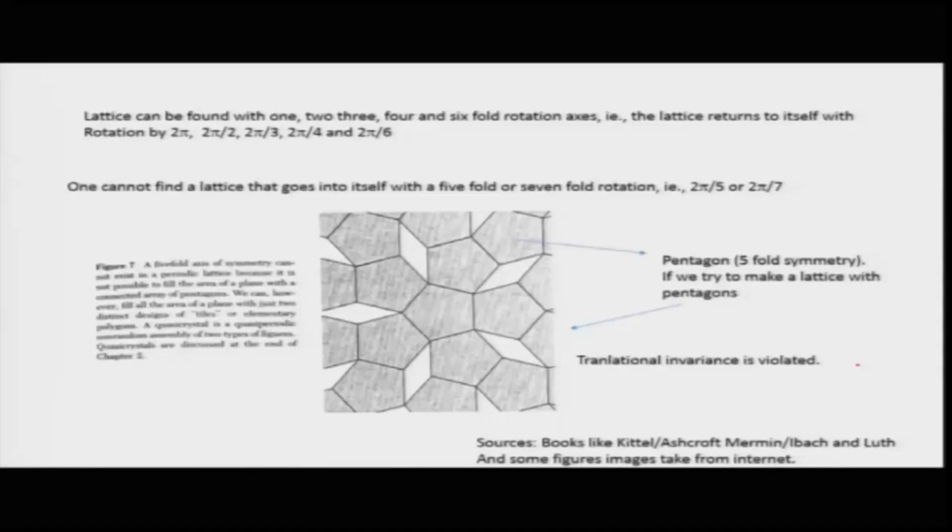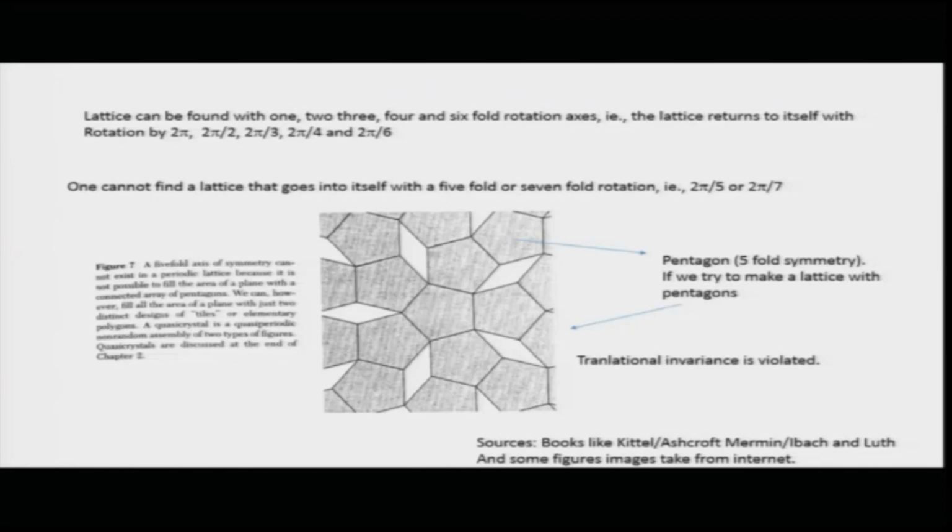So, you can find lattices which can be classified as remaining invariant under 1, 2, 3, 4 or 6 fold rotations, namely they are invariant under 2 pi, 2 pi by 2, 2 pi by 3, 2 pi by 4 and 2 pi by 6 rotations. So, you can classify those lattices as remaining invariant under those rotations.